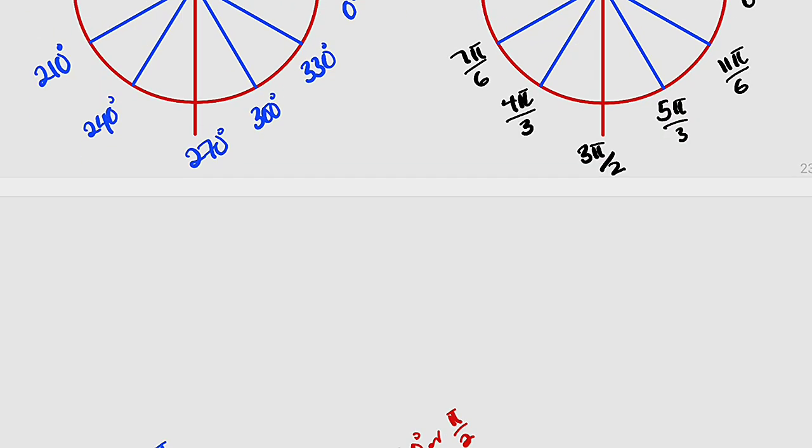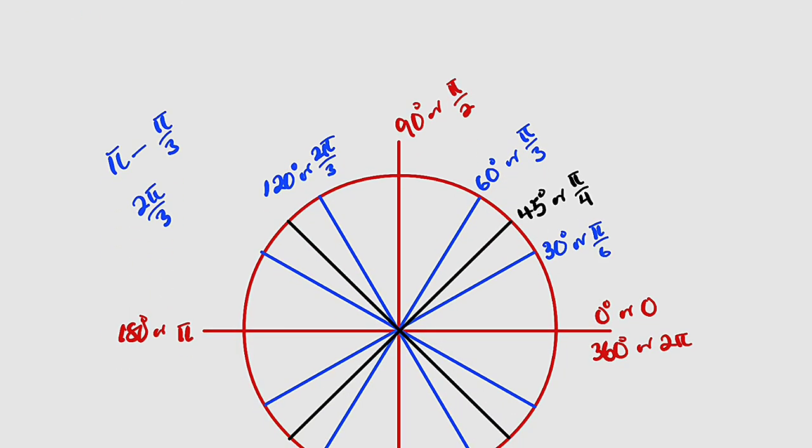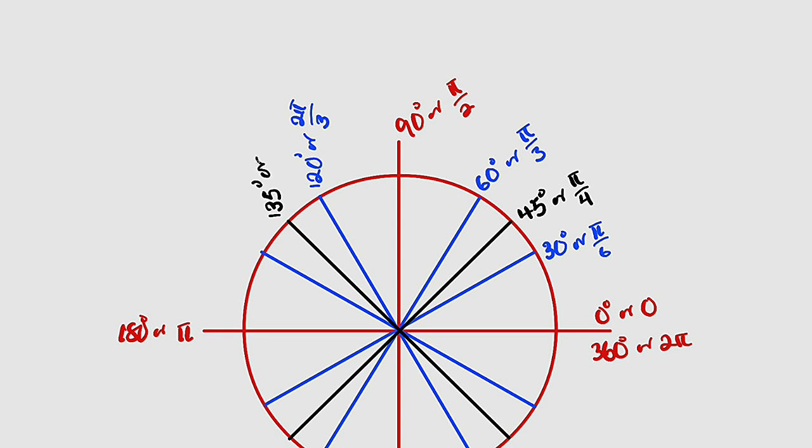So you can do the same thing for all of these angles, but I'm not going to waste time doing that. This is going to be 45 degrees less than 180. So this is 135 degrees, or in radians 3 pi divided by 4.